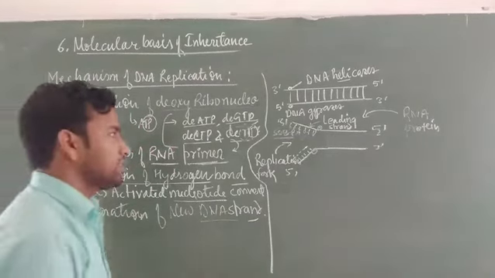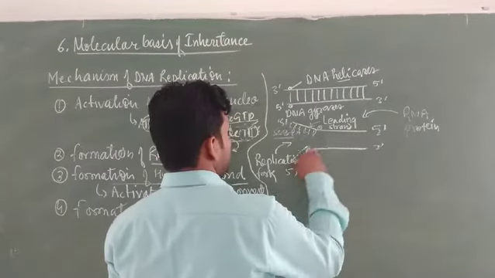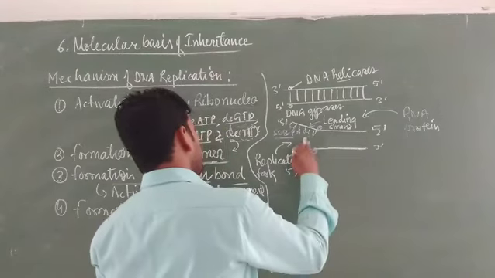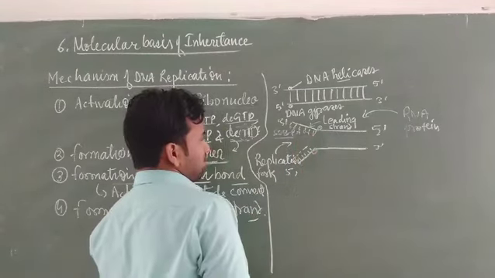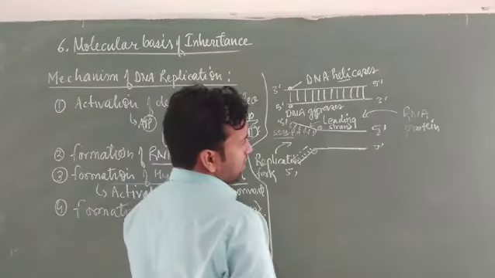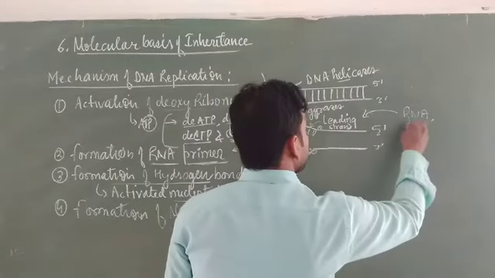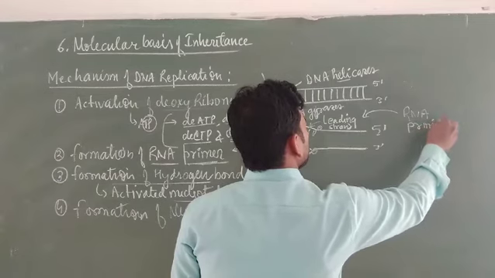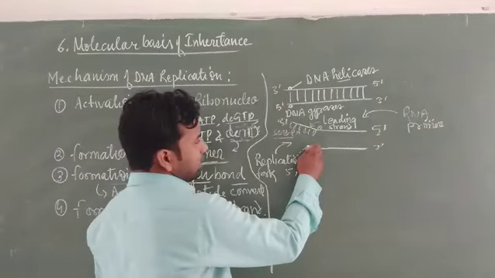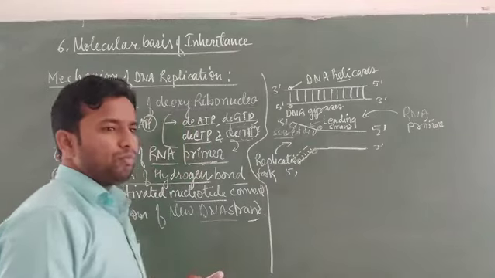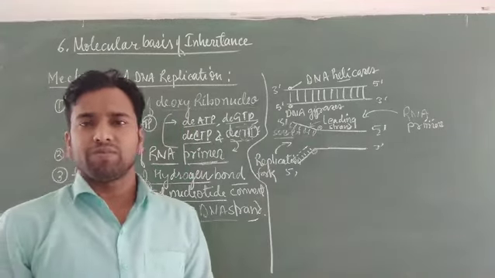And the second strand having orientation 5' to 3', here the formation of nucleotides, especially the attaching of the RNA primers, these RNA primers generally synthesize opposite to the movement of the replication fork.